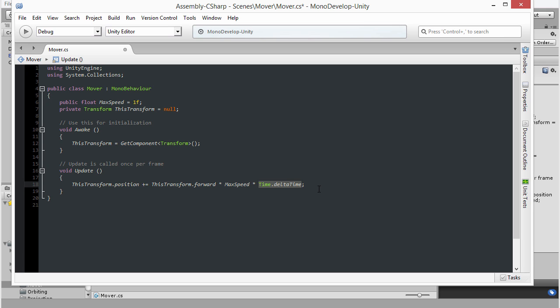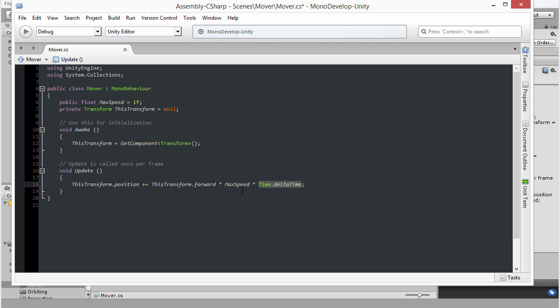Typically on a game that is sustaining a lot of frames per second, time.DeltaTime is going to be very small. But if we imagine for a moment that the game was sustaining 2 frames per second, then time.DeltaTime would be 0.5, because half a second will have elapsed since the previous frame, since there can only be 2 frames in a second.